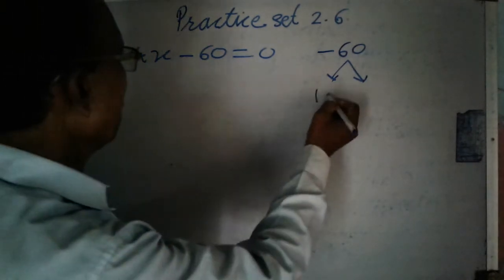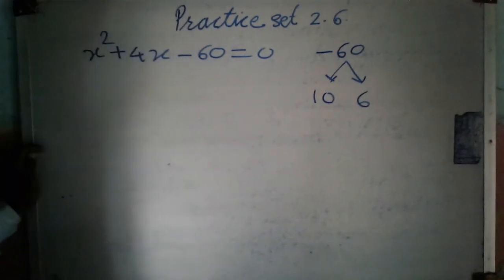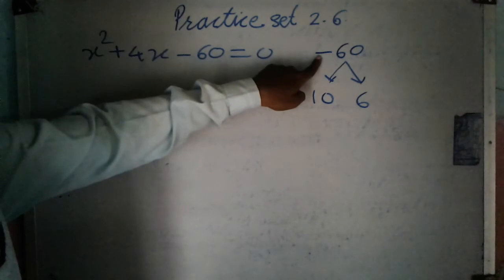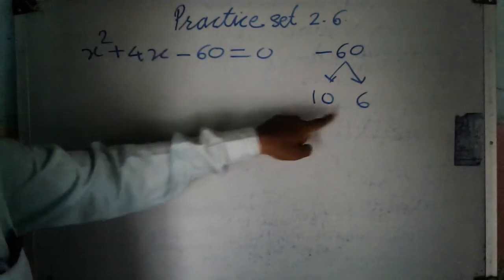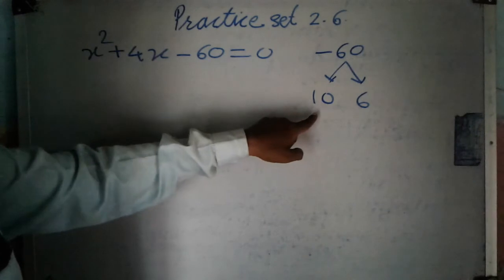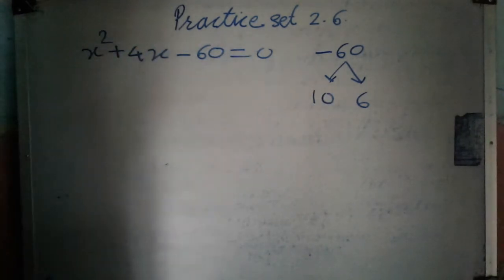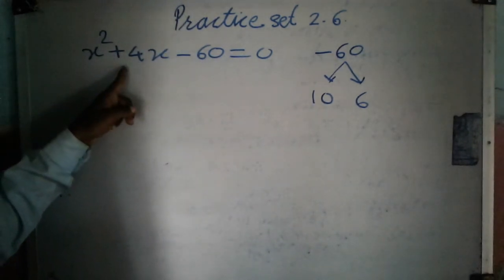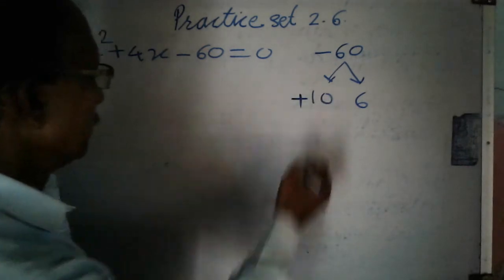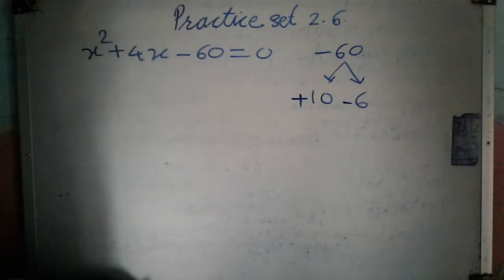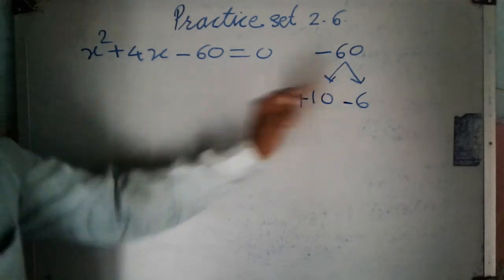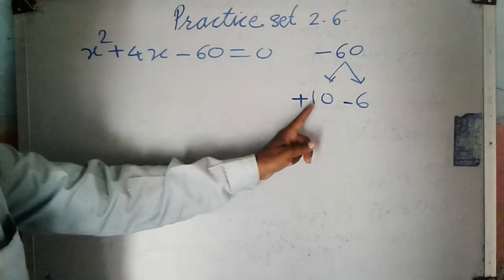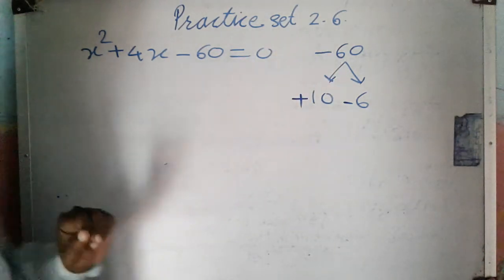Those factors are 10 and 6. 10 times 6 is 60, but here the product is minus, so one number should be minus. The middle term is plus, so the bigger number is plus and the remaining number is minus. So here we got two factors, plus 10 and minus 6. Here 10 minus 6 is 4, and plus 10 multiplied by minus 6 gives minus 60.